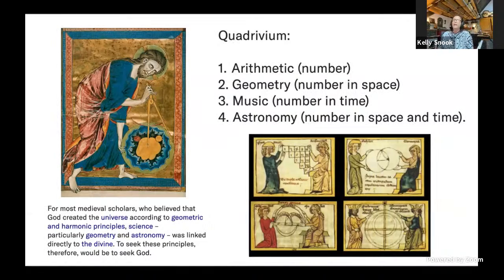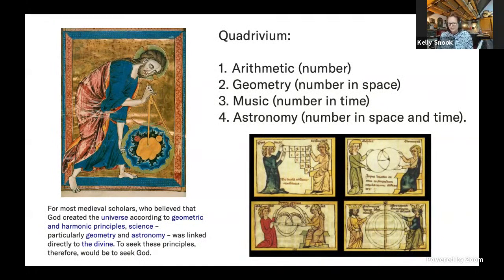It wasn't any of these things. In fact, it was number in time. Arithmetic is number, geometry is number in space, music is number in time, astronomy is number in space and time. And I was like, wow, I would love to hear this, to feel what it would feel like to really understand reality through musical principles.